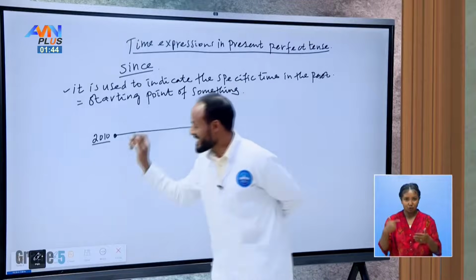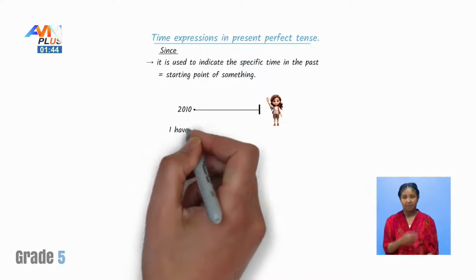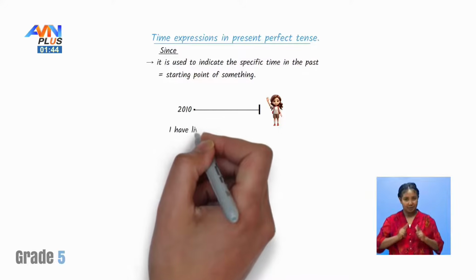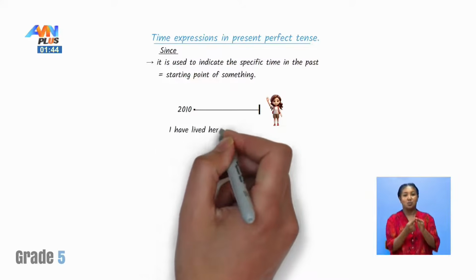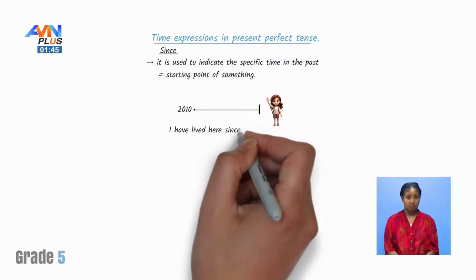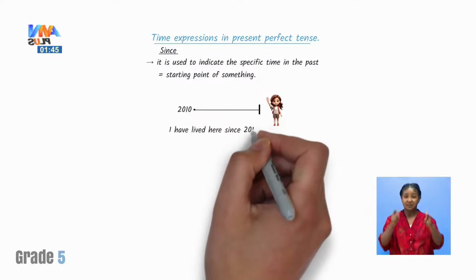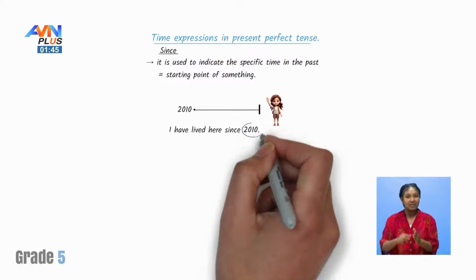So, I can say here, I have lived here since 2010. Yes, I have lived here since 2010. This means the starting point.